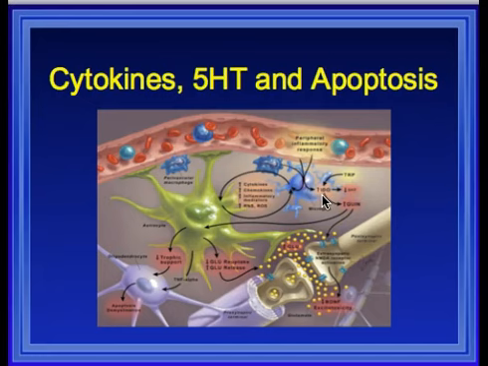This IDO causes tryptophan to preferentially be converted into a toxic protein called quinolinic acid. Quinolinic acid goes to the terminals of glutamate neurons, causing excitation and ultimately apoptosis of neurons.